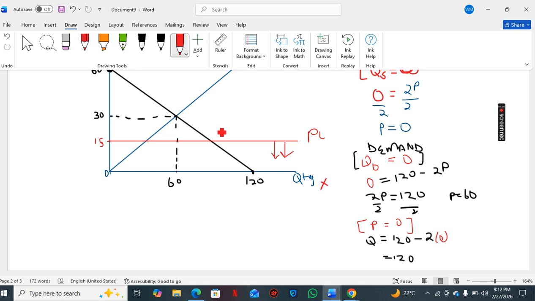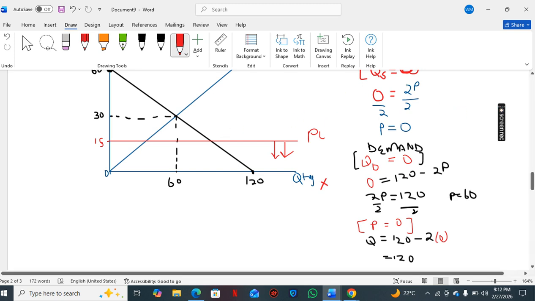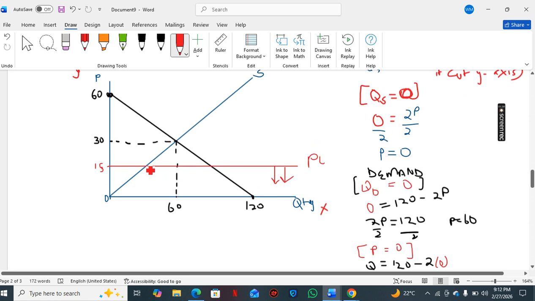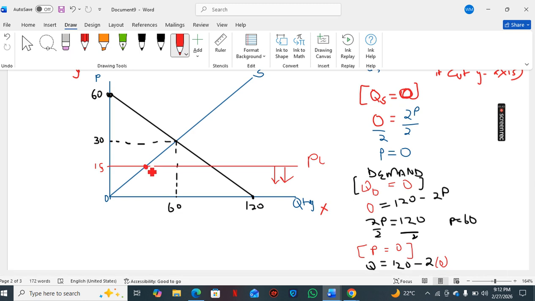To find the effect of the price ceiling, colleagues, where the price ceiling cuts the supply function, we are going to substitute the price with 15 kwacha. Remember our supply function is QS equals 2P.